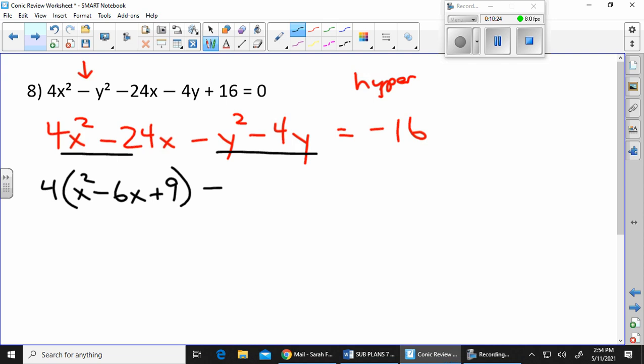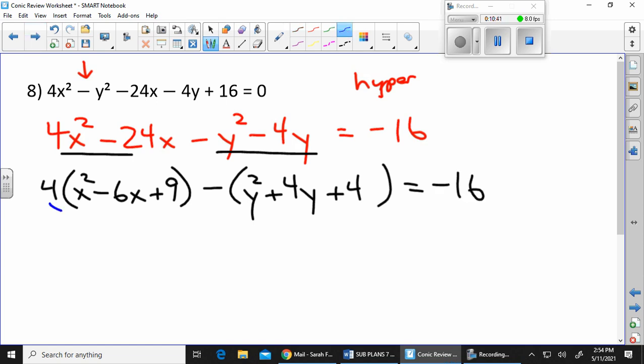Now this, you do have to take out a negative. So that actually does become plus 4y. Half of 4 is 2. 2 squared is 4. But now think of what you added. You added 4 times 9, which is 36, and you subtracted 4.